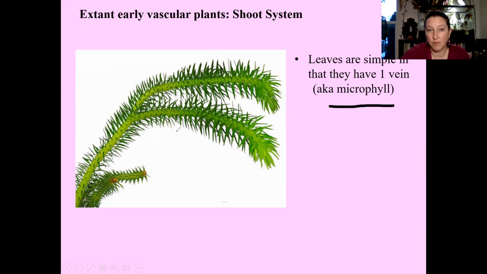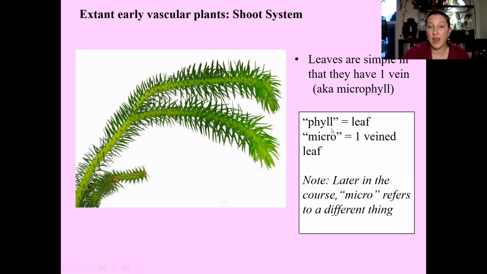On this picture on the left, this is the top of a Lycopodium. And each of these darker things are microphylls, or leaves. So the leaves are very simple. They have one vein.